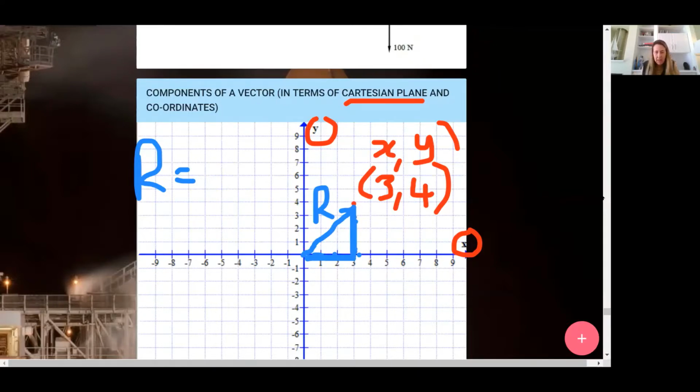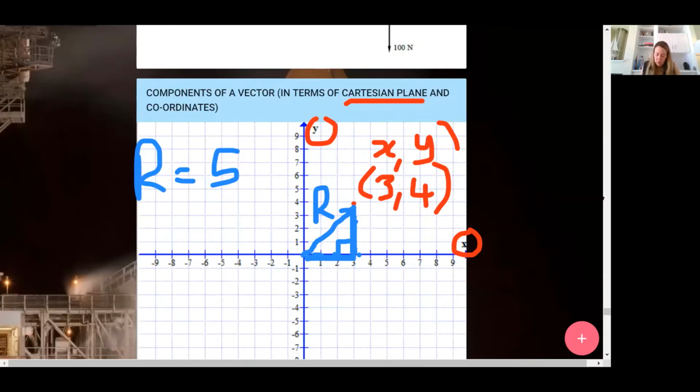Then of course we can say r is going to have this length. We know it is going to be 5. Why? Because r is the hypotenuse of that right angle triangle, and it is 3 squared plus 4 squared, which is 25. And so that is r squared. So r is the root of 25, which is 5.